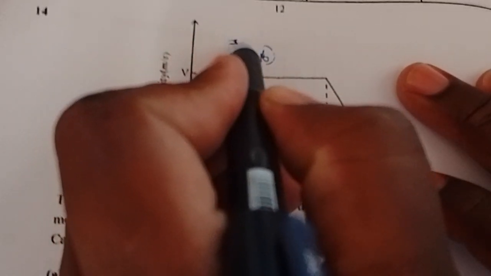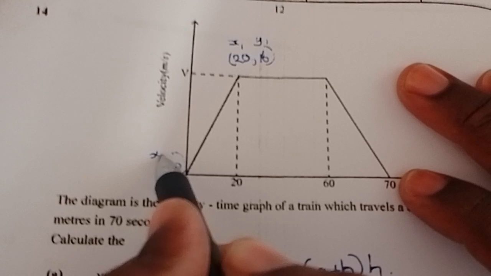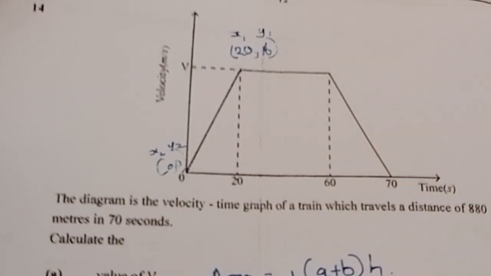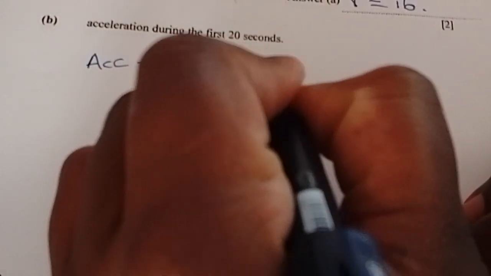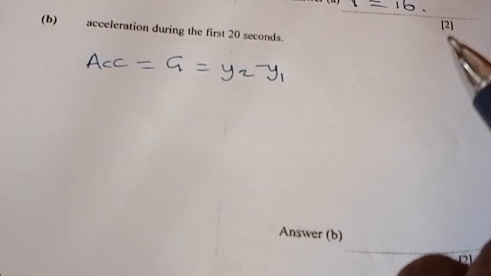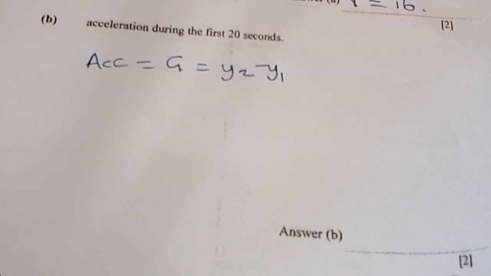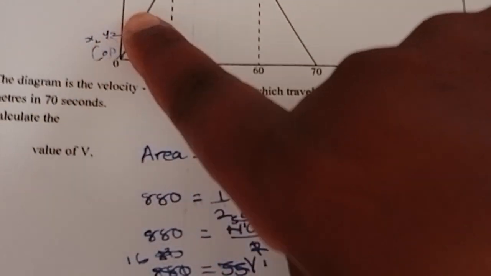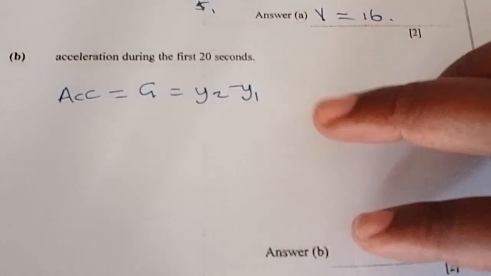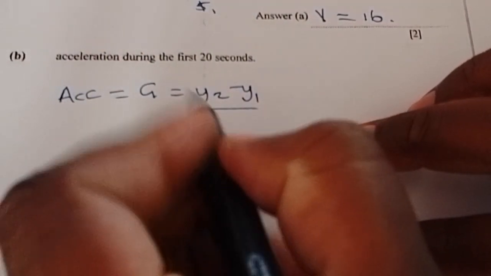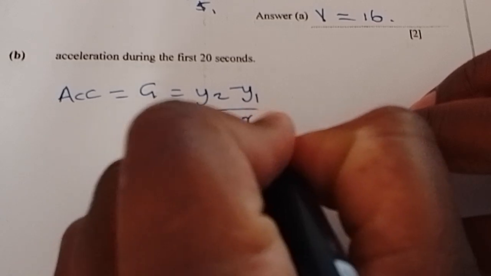Remember, this is our x1, y1, x2, y2. Remember the formula for finding the gradient. Acceleration is equal to gradient, which is equal to y2 minus y1 over x2 minus x1.